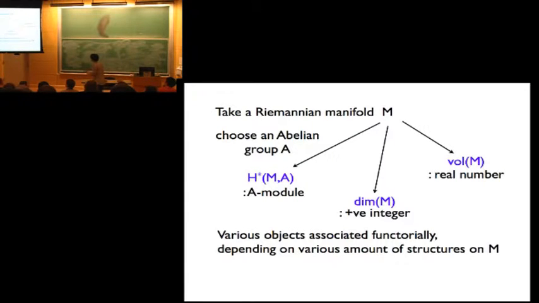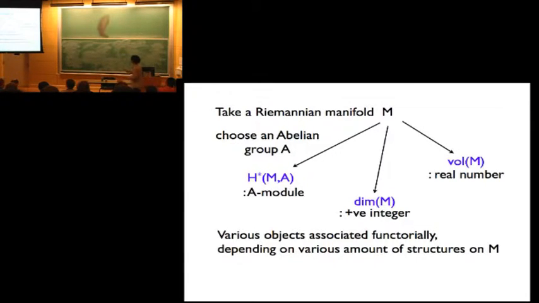These objects are naturally associated to this manifold M. Depending on the type of object, cohomology or dimension or volume, they depend on various amounts of information on the original mathematical object. For example, volume depends on the metric on the Riemannian manifold, but the dimension or cohomology doesn't depend on the metric. So it only depends on the rougher aspects.